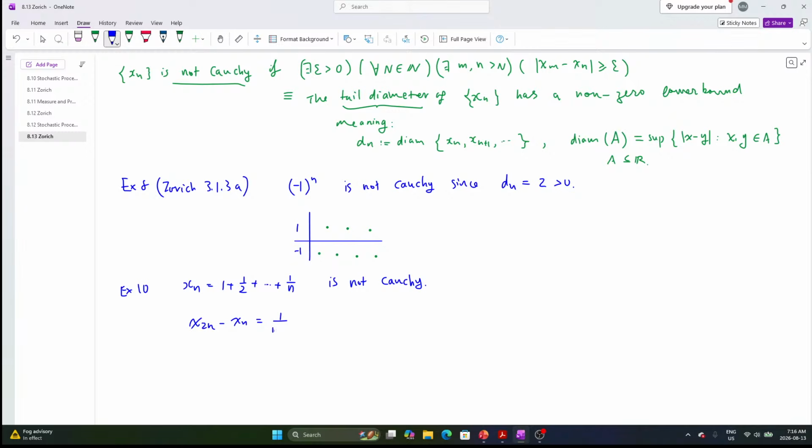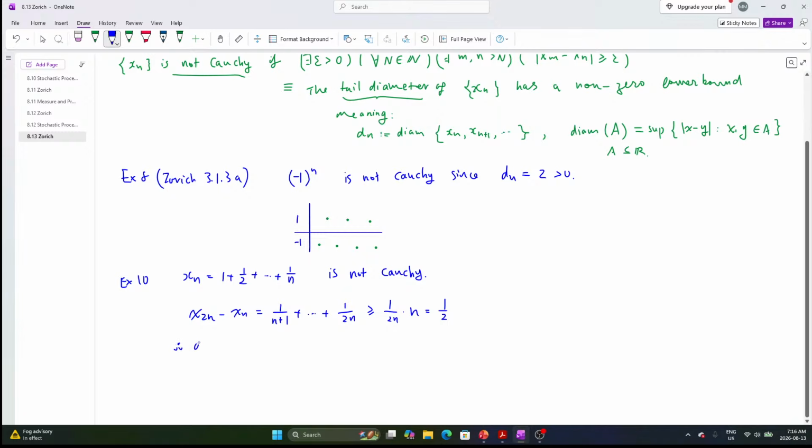So that's 1 over n plus 1 plus all the way to 1 over 2n. Each of them is greater or equal to 1 over 2n. So you've got n terms of 1 over 2n, and 1 over 2n times n is 1/2.